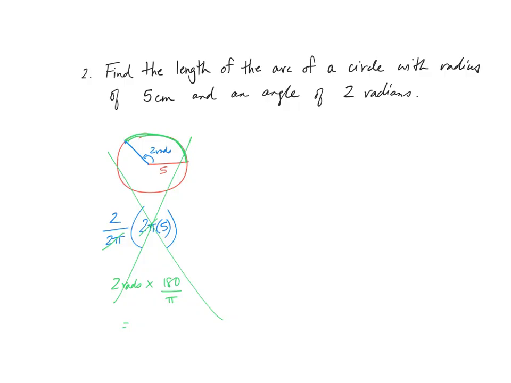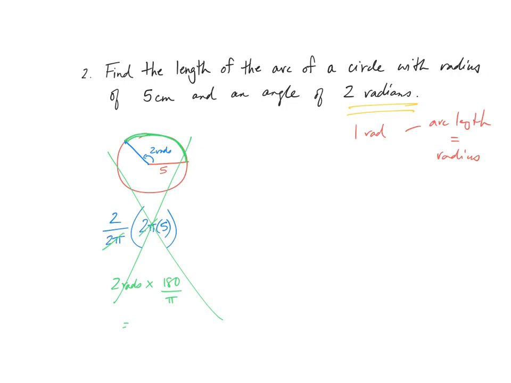The question said, find the length of the arc of a circle with a radius of 5 centimeters and an angle of 2 rads. Well, if I understand what radians are, 1 radian is when my arc length equals my radius.